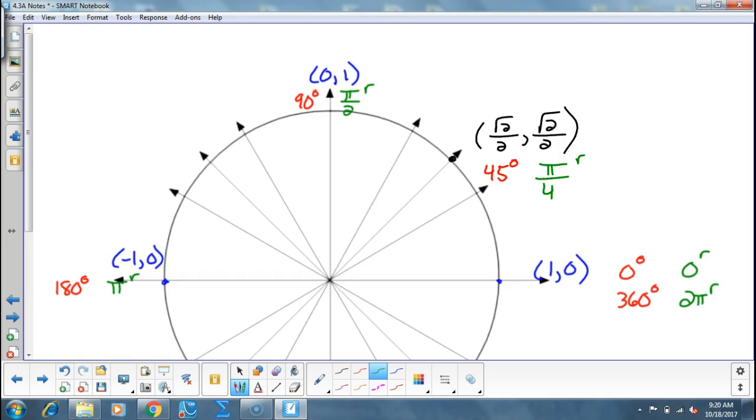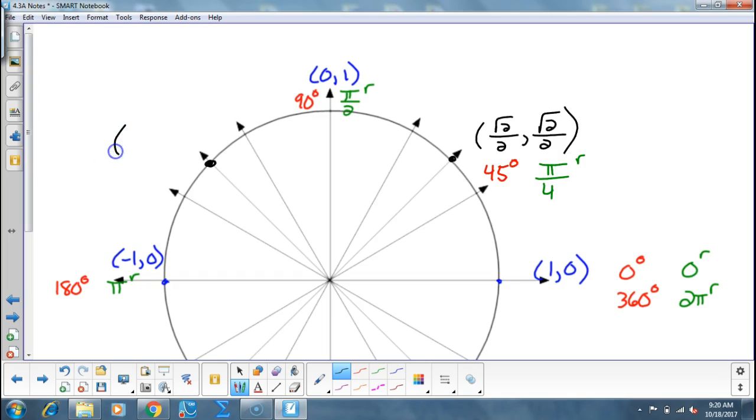With me? Okay. Now, let's flop that triangle over to here. What's the coordinates? Comma.